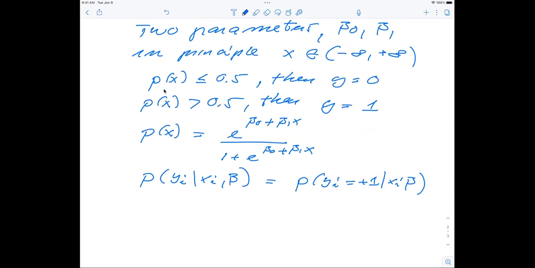Then, since we have only two outputs, so this is a discrete set of events, that means that if I now want to define P of y equal to 0 given x of i and beta, and by the way, I'm going to label this as just p of i. It's just going to be a shorthand in the calculations here. This is obviously given by 1 minus this p of i, because I have only two possible events, either 0 or 1.